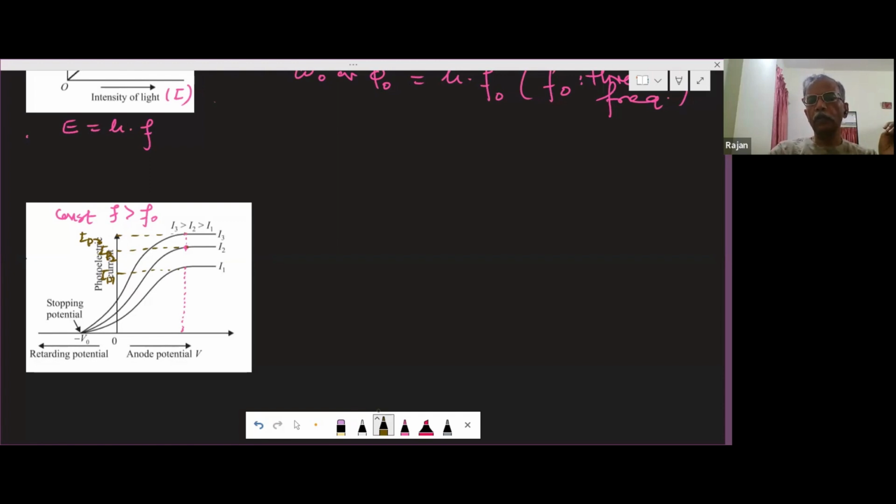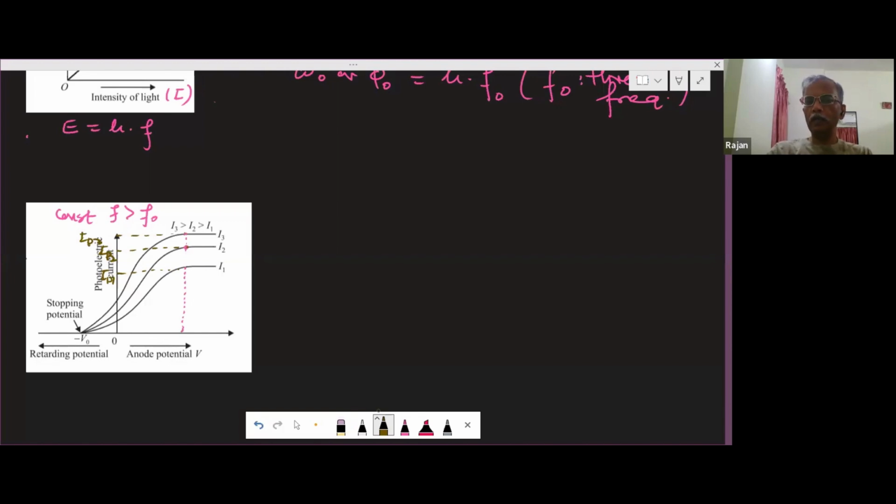Now, if you go to the negative anode potential, once I am negating, what will happen? It will be difficult for the photoelectrons to reach the anode, right? Why is it?